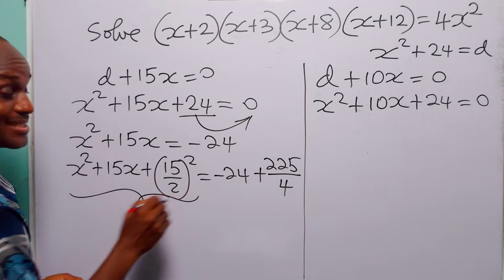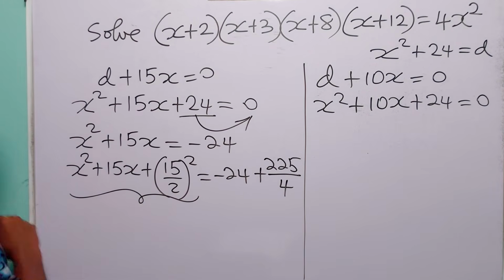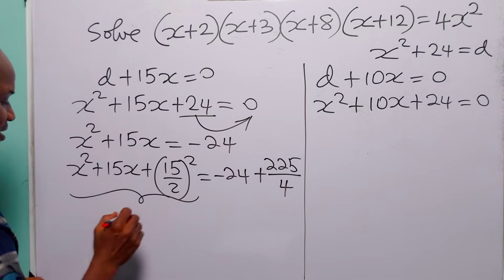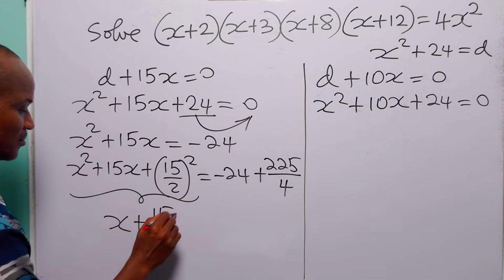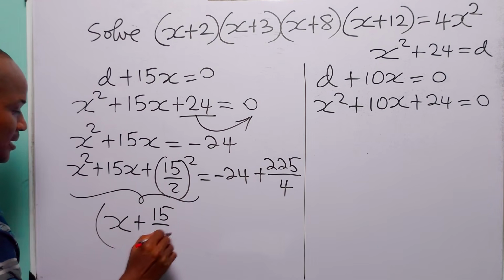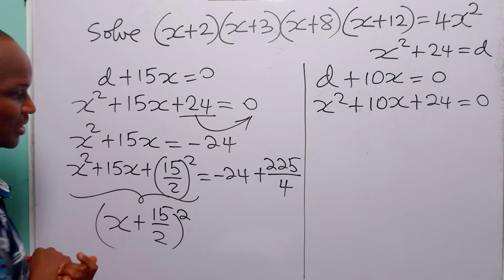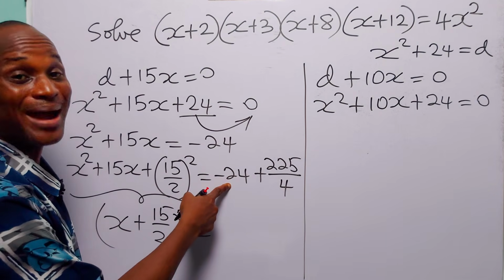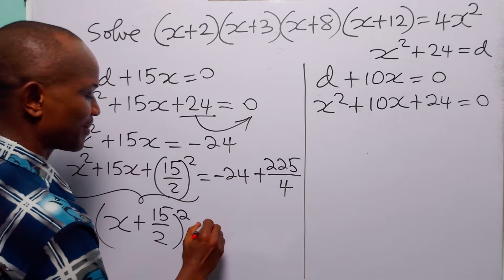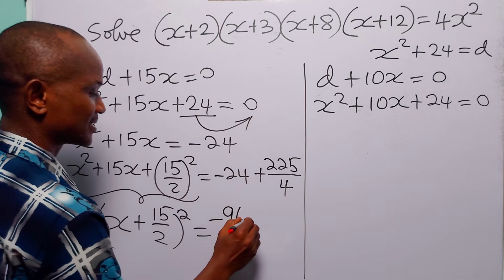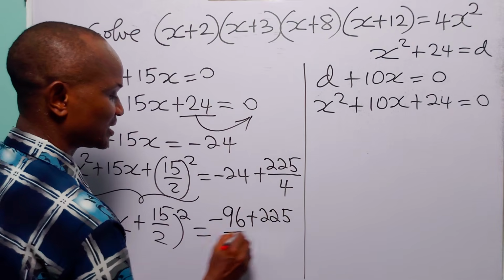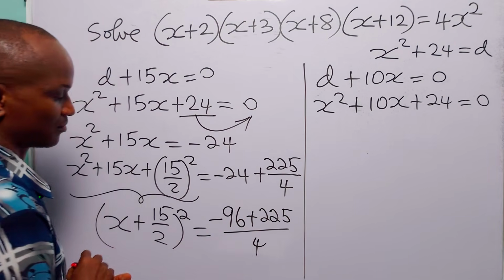Now this is a perfect square. So we take x and we take 15 over 2, and we square. Now this is equal to 4 times minus 24, which is minus 96, plus 225, all divided by 4.